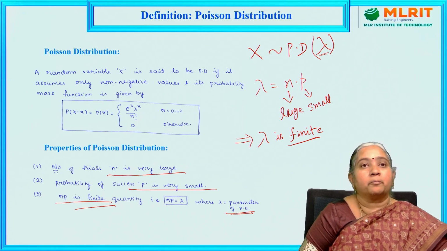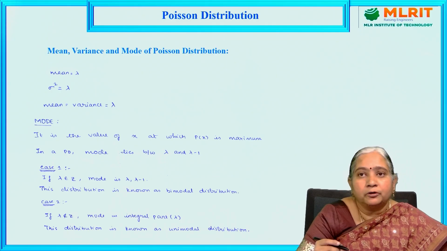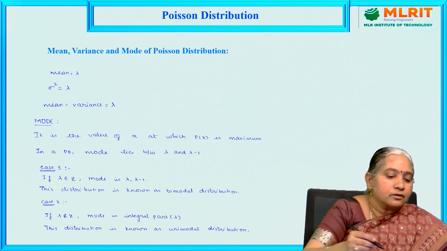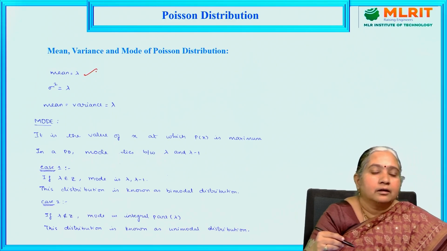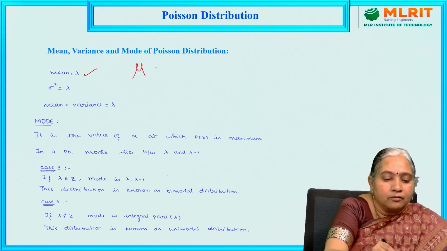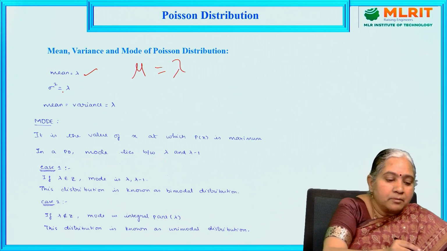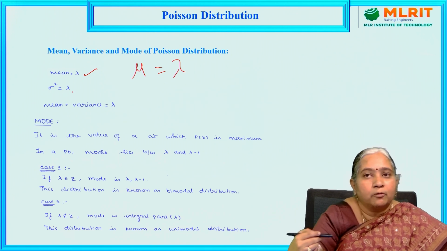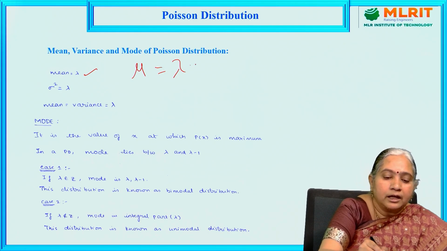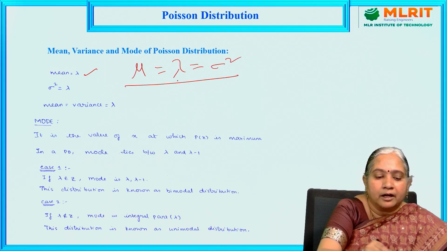These are all properties of Poisson distribution. Now how to find the statistical measures in Poisson distribution? Mean is denoted by mu equal to lambda. Variance sigma square equal to lambda. In Poisson distribution, mean equal to variance equal to lambda.